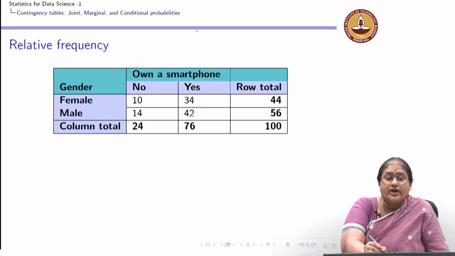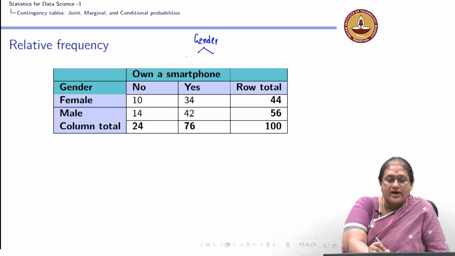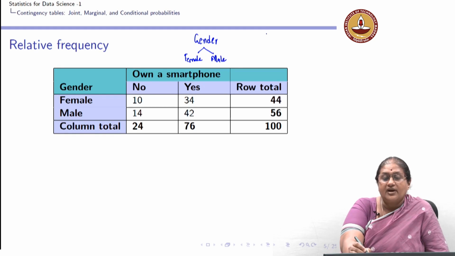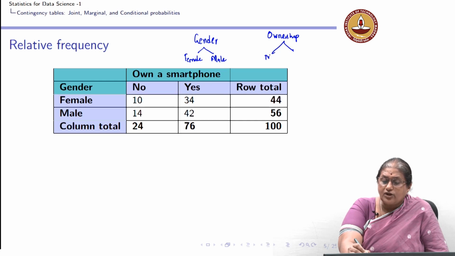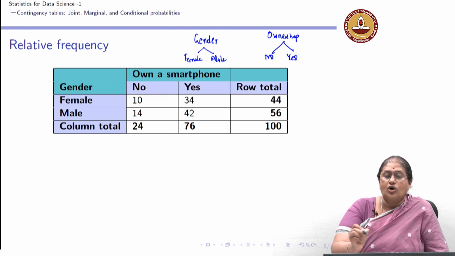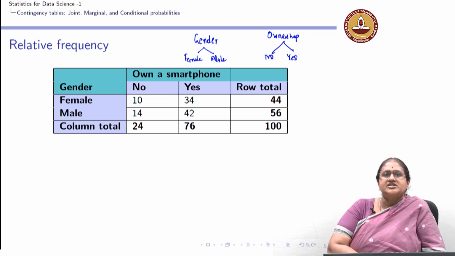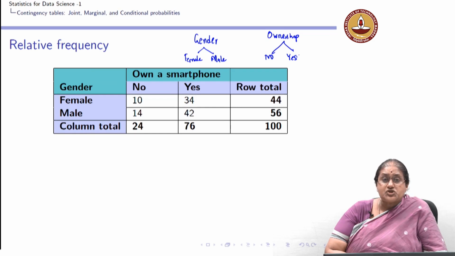I had two variables. The first variable was gender, with two categories, female and male. The second variable was ownership of a smartphone, again with two categories, no or yes, and I was interested in knowing about an association between these two variables.